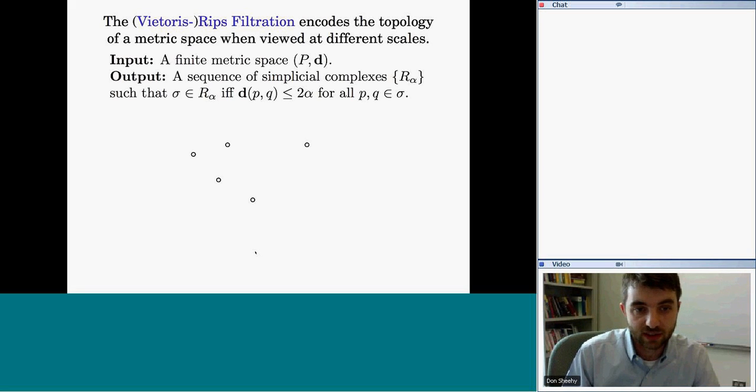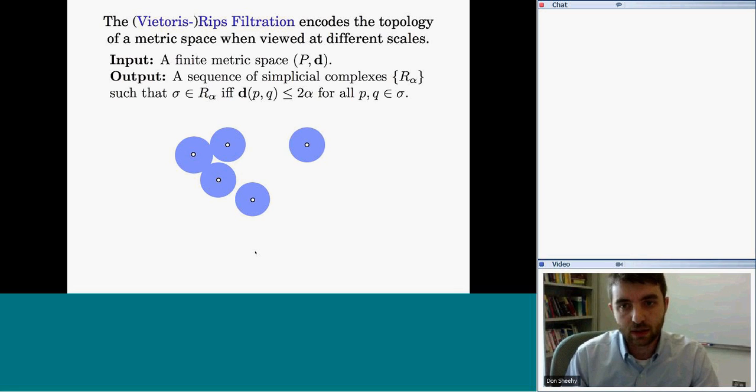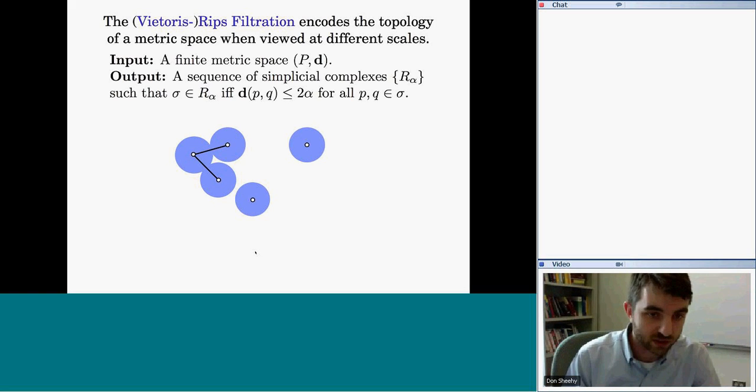So let me draw a picture. This is easiest to see. Here's this alpha. And so if I have a pair of balls that intersect, then we'll add the edge.